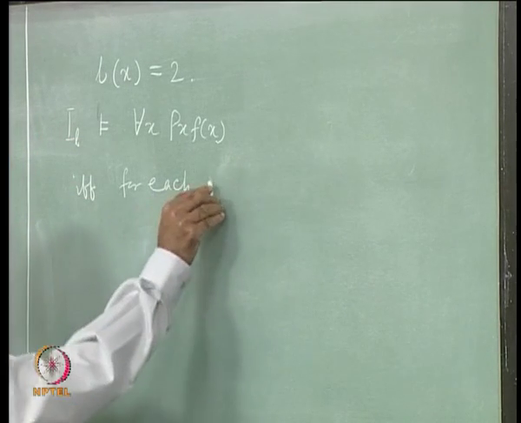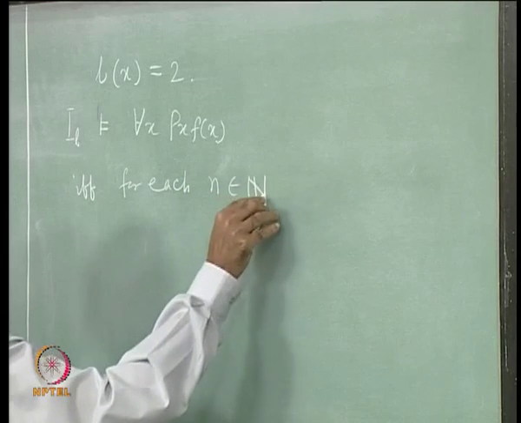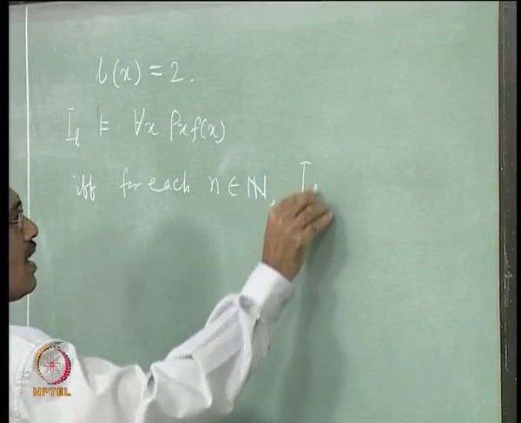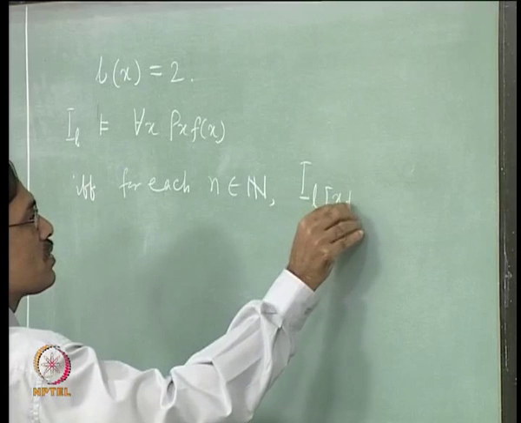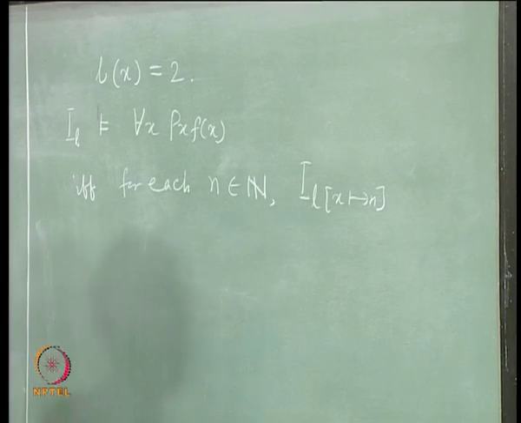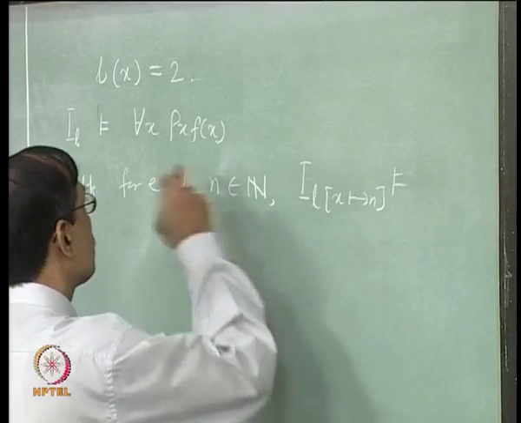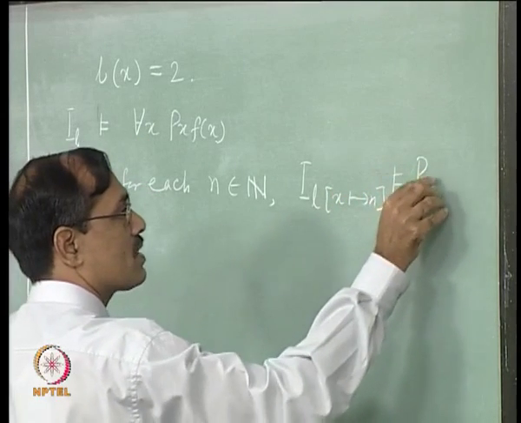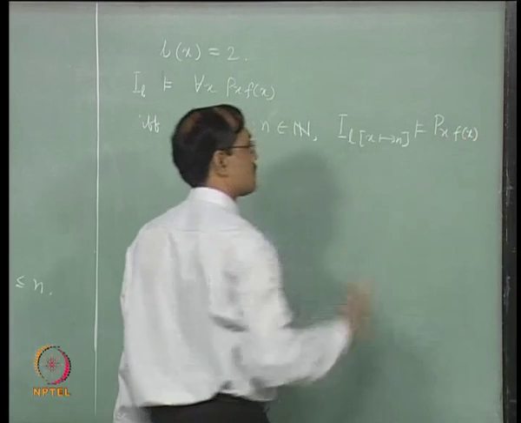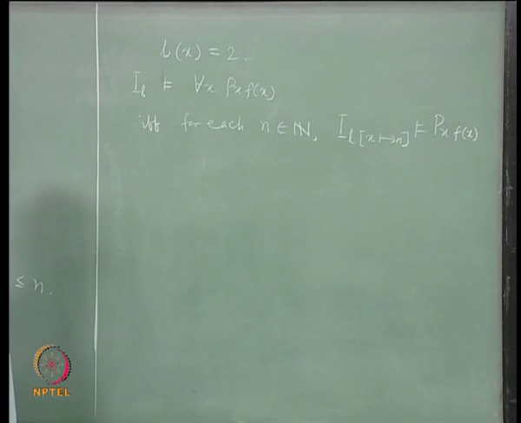So, let us say for each n in natural numbers, (I, L with x fixed to n) should satisfy the formula without the quantifier, p(x, f(x)). Is it okay?